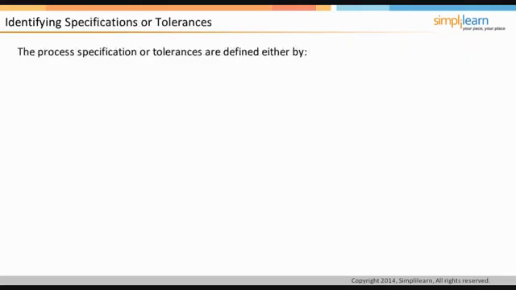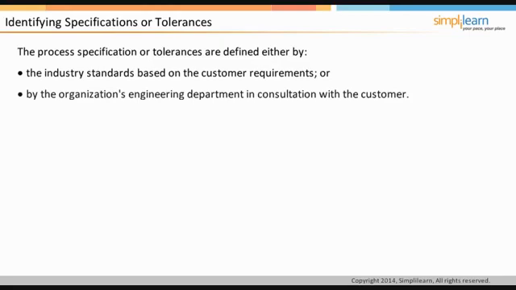The process specification or tolerances are defined either by industry standards based on customer requirements or by the organization's engineering department in consultation with the customer. A stability study, followed by a comprehensive capability study, also helps in identifying if the process mean meets the target or the customer mean.